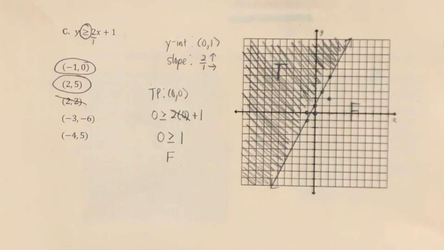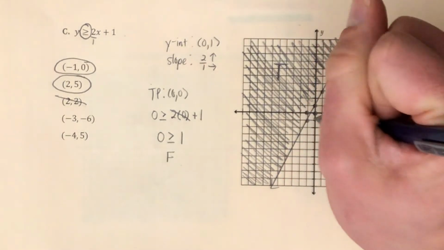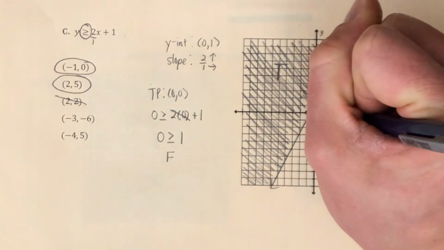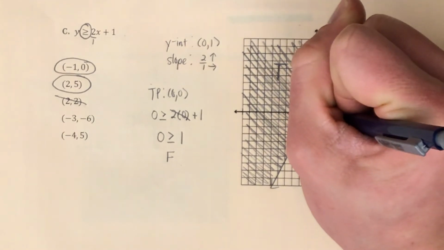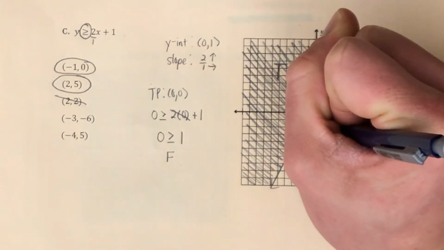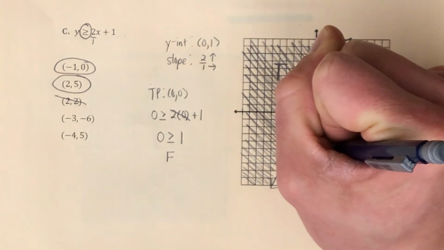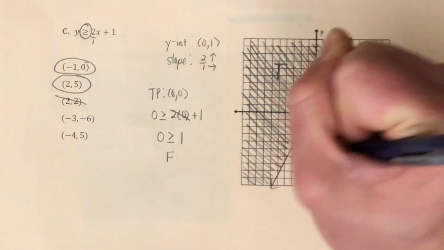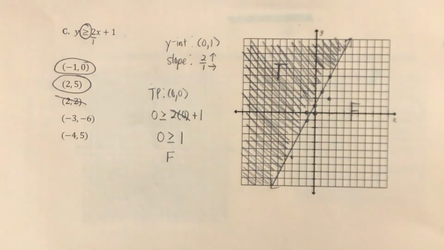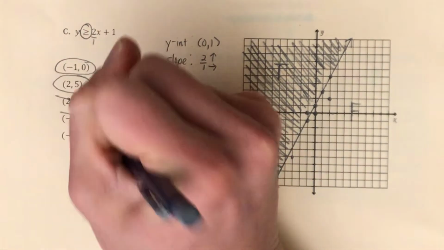So next point, -3, -6, back to the origin, go left 1, 2, 3, and then down 1, 2, 3, 4, 5, 6. Again, it falls below the line, so in the non-shaded region, so it is not a solution.